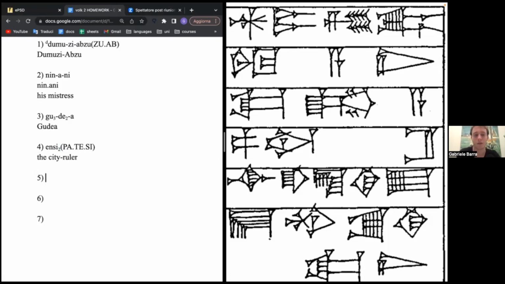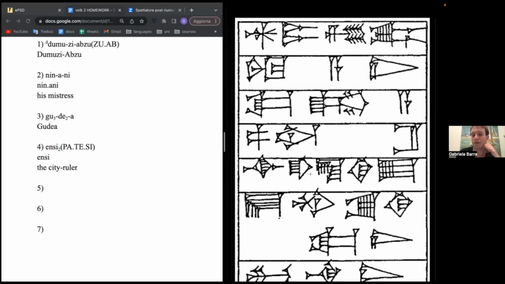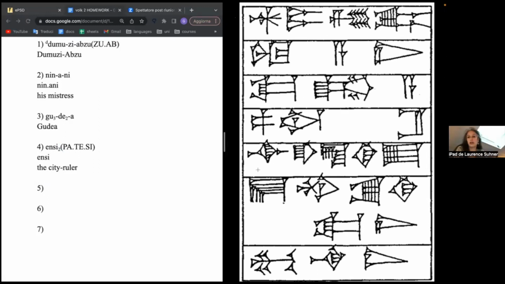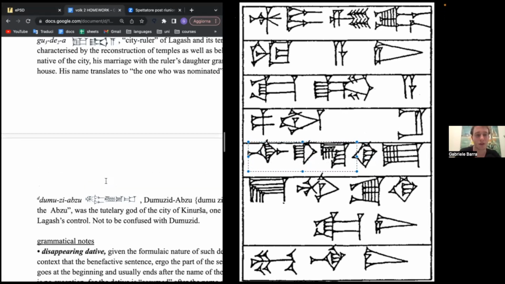All right. What about line number 5? Shiburla. Right. And what does that mean? It's Lagash. Very well. So Lagash, which is written, is it Shiburla or Nuburla? I forgot.